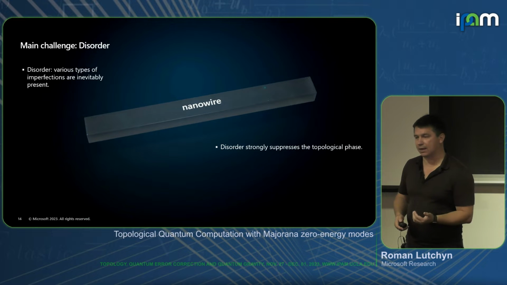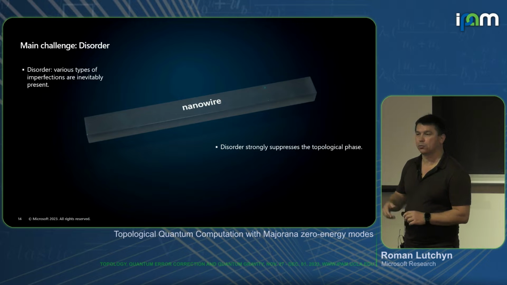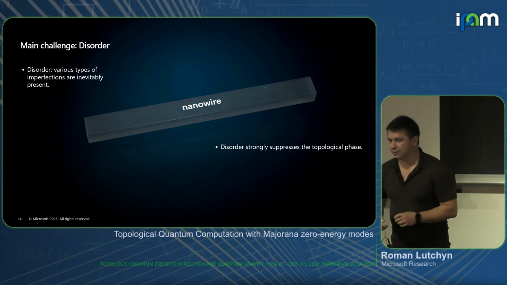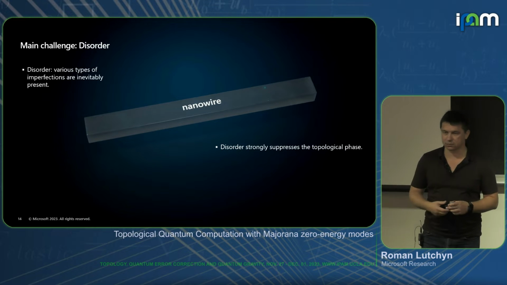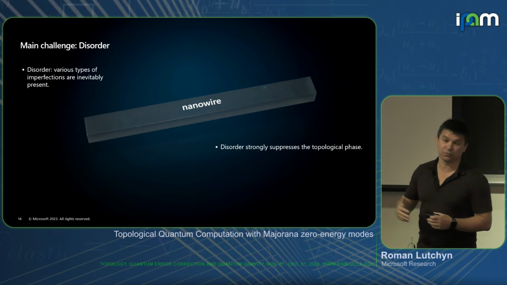So the scattering rate, 1 over scattering time in proper units, has to be much smaller than hundreds of micro eV. Or if you want, in physical length units, the effective mean free path or localization length in these one-dimensional wires has to be of the order of the length of the wire, which is a few microns long.